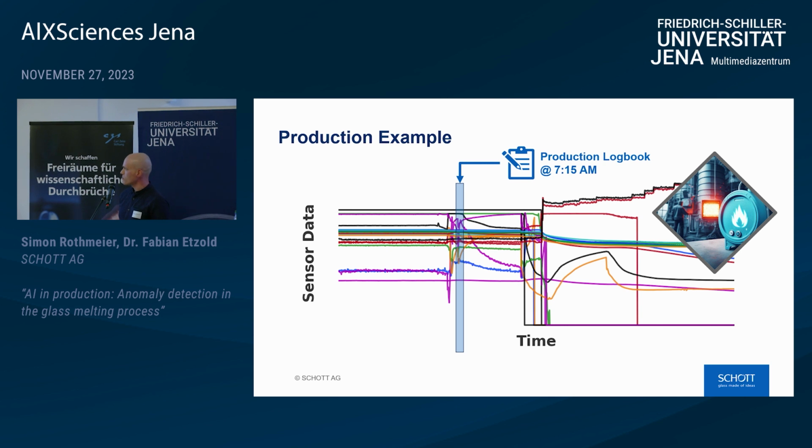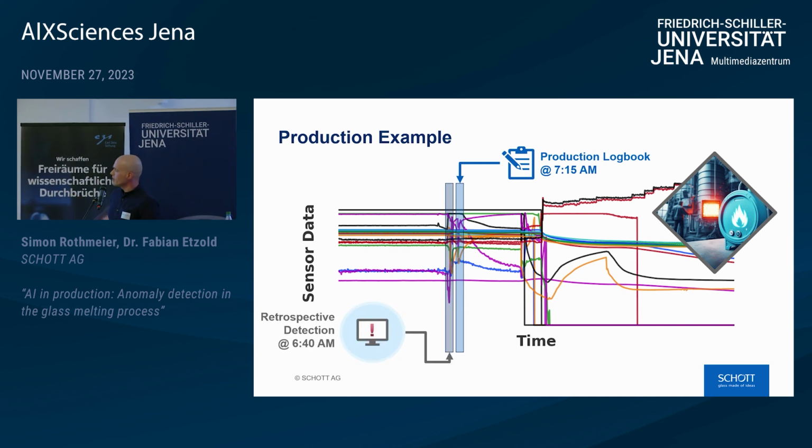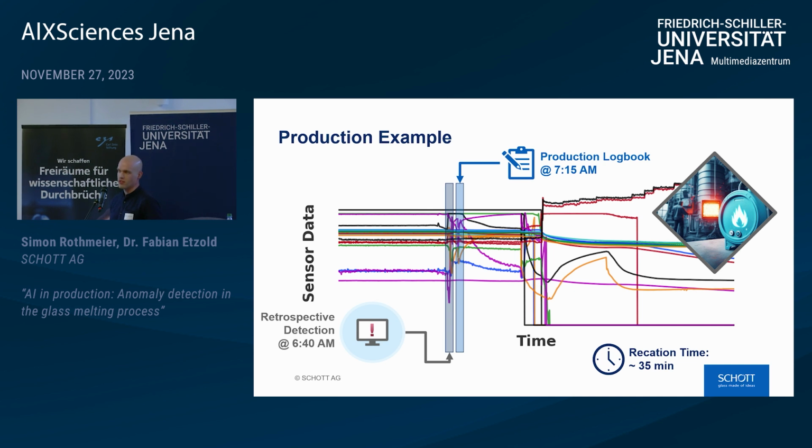Then retrospectively, we applied one of the models, and luckily it was able to flag this point in time. This is around 6 a.m. in the morning, so if this had been in production by then, this would have given the operators like 35 more minutes to get to the root of the problem and to take countermeasures, so to say. So there is an added business value here, speaking in that term.